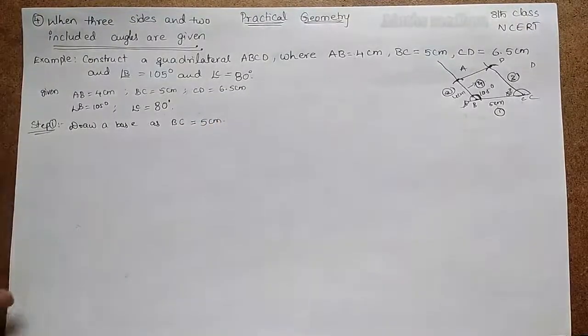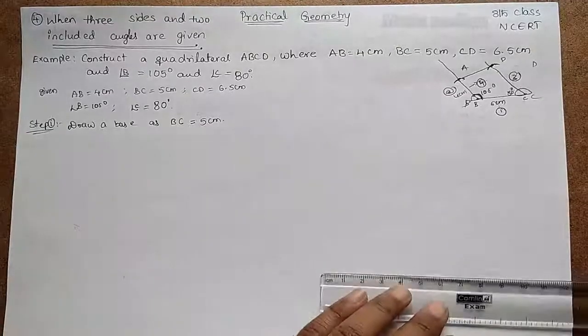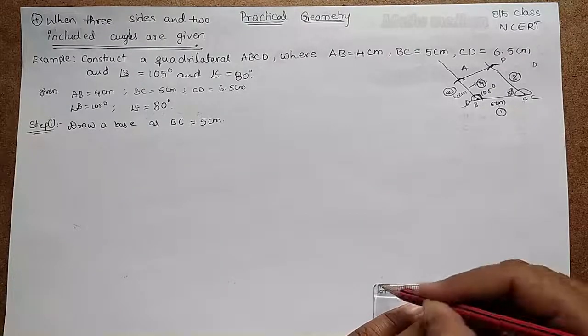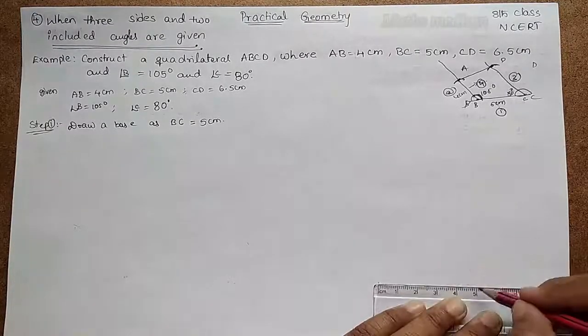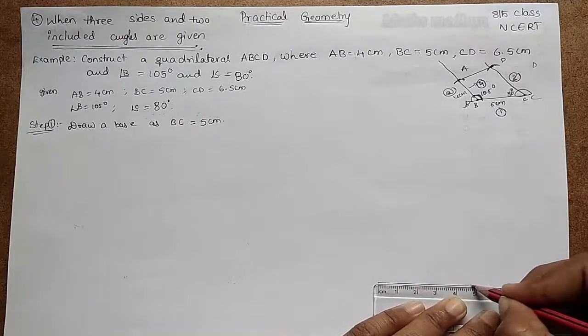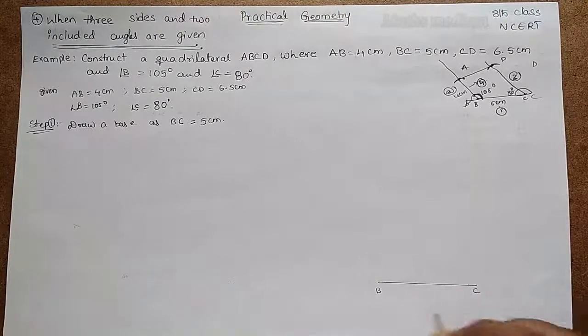So take the help of scale and pencil and draw a line of 5 centimeters and make 2 points like this. This is B and this is C, 5 centimeters. Step 2.